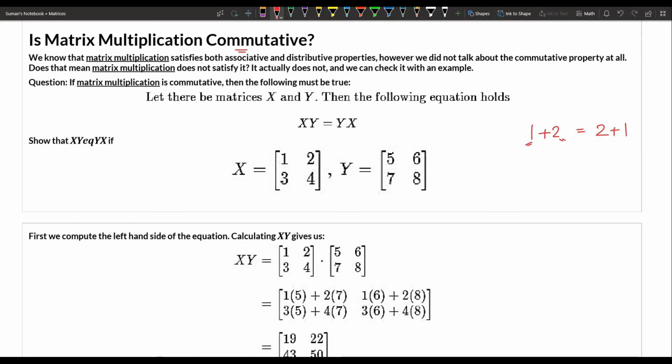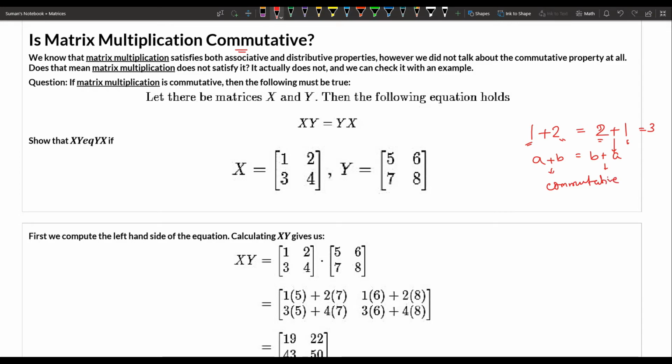Now we are changing the position of the numbers, so 2 is now on the left hand and 1 on the right hand. Both are giving 3. So a plus b is equal to b plus a. So the addition operation follows the commutative property.